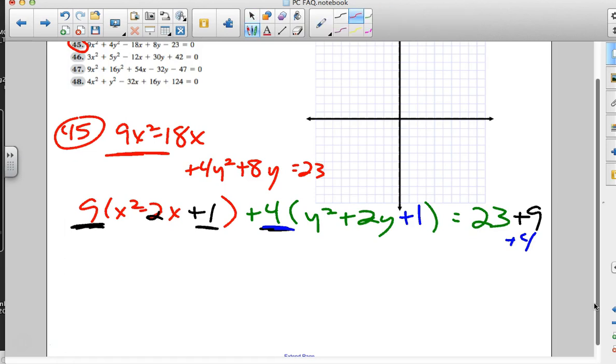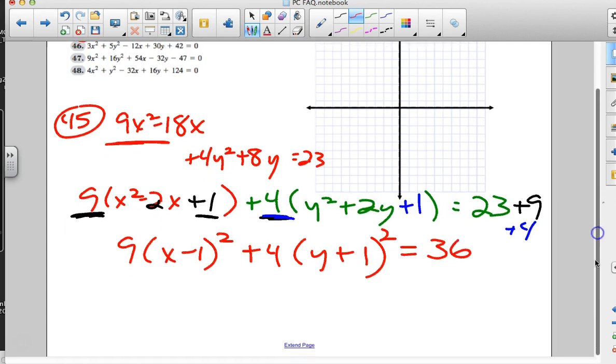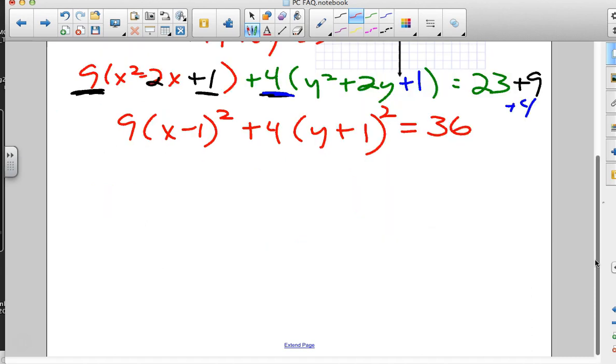So now we have 9 times the quantity x minus 1 squared plus 4 times the quantity y plus 1 squared. And that equals, well, 23 plus 9 is 32. 32 plus 4 is, nice number, 36. And now we know from experience we need to have this equal to 1.